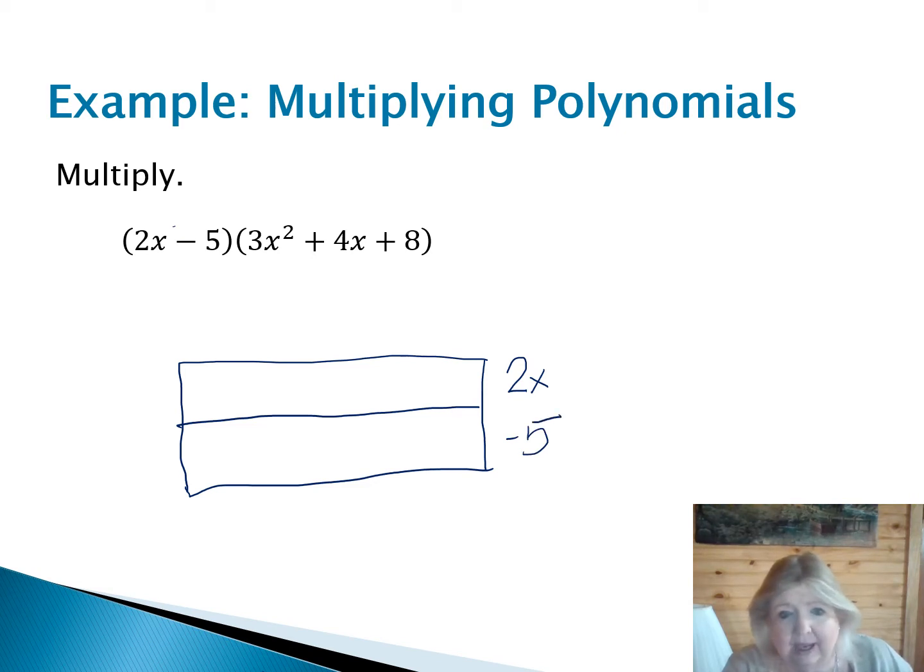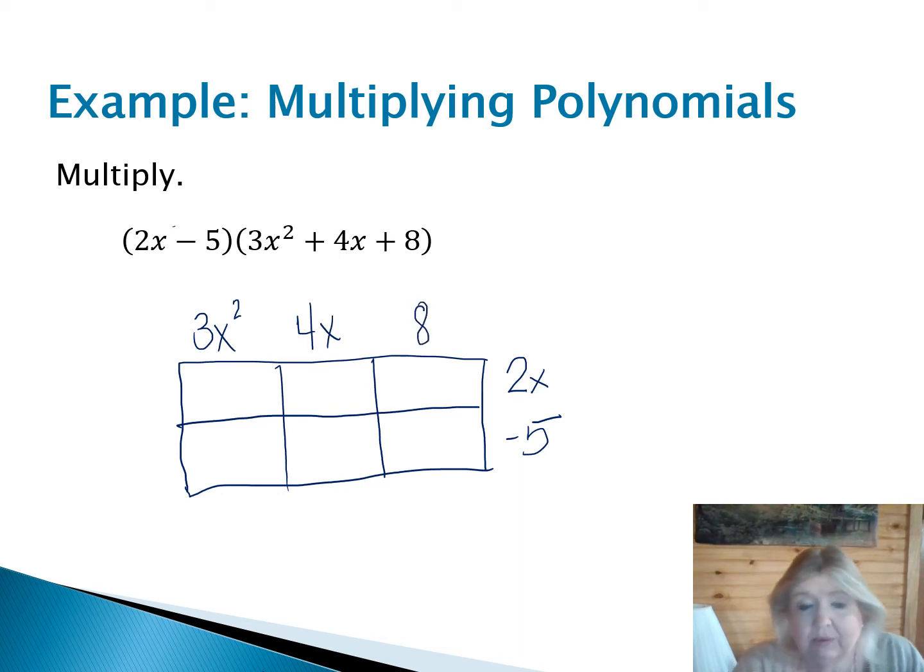The other side, I need 3 boxes because that's where I'm going to write my trinomial, 3x squared plus 4x plus 8. So I've got my trinomial represented across the top and my binomial down the right-hand side.